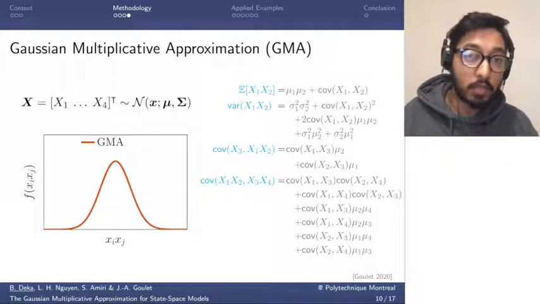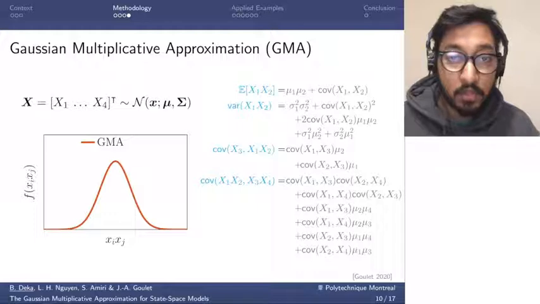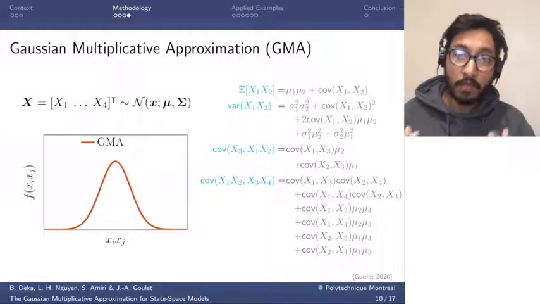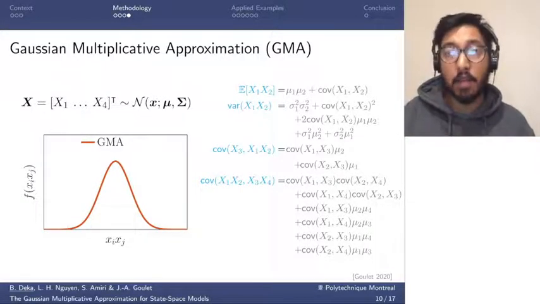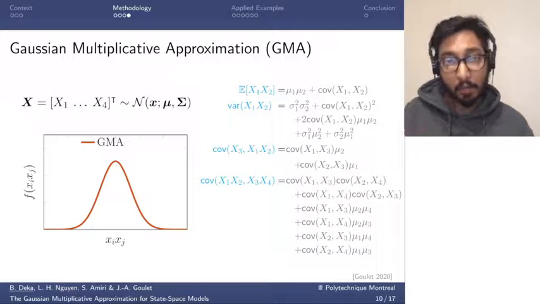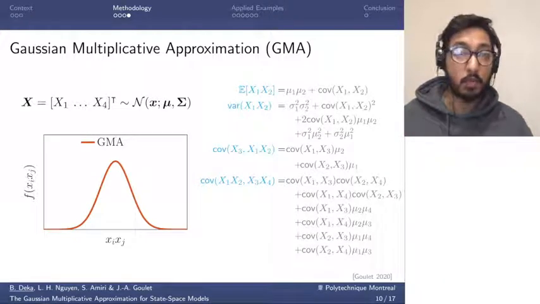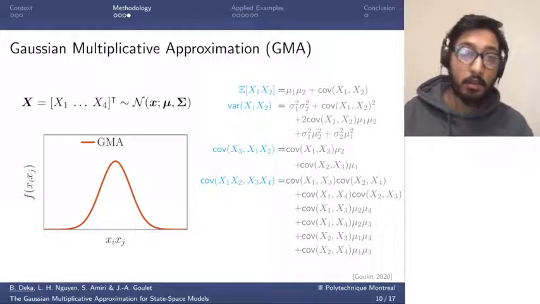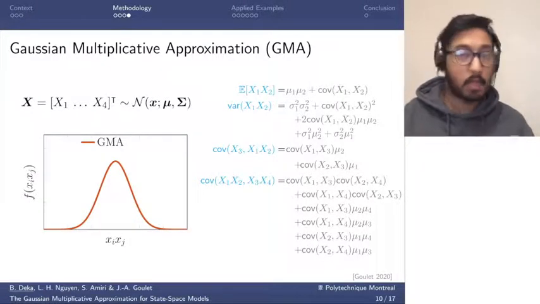On the right, you see the closed form equations for each of those moments. So we have the expected value of x1 times x2, the variance of x1 times x2, and the covariance between a hidden state and a product, or the covariance between two product terms. Those are put in gray because the equations don't matter. The equations are simple.